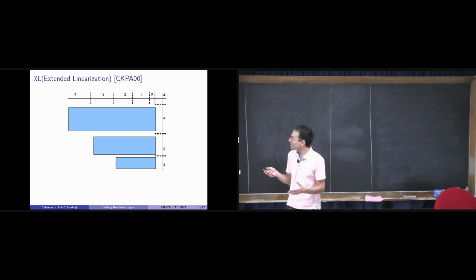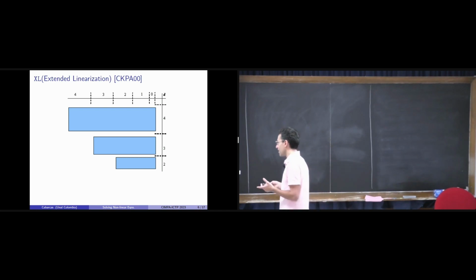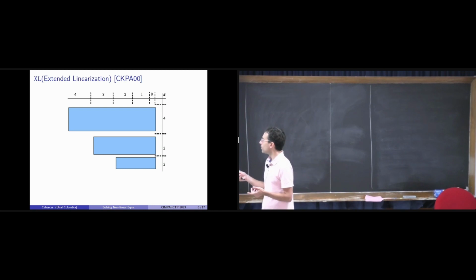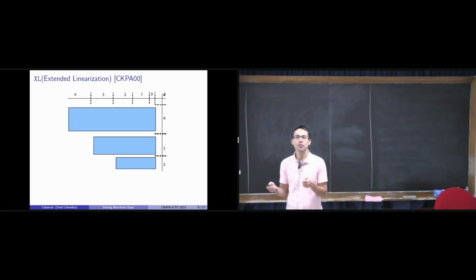And this somehow corresponds to the general framework that I presented before. Here, the way to produce new polynomials is to multiply the previous ones by variables. The way to mix the polynomials in the basis is to do Gaussian elimination.